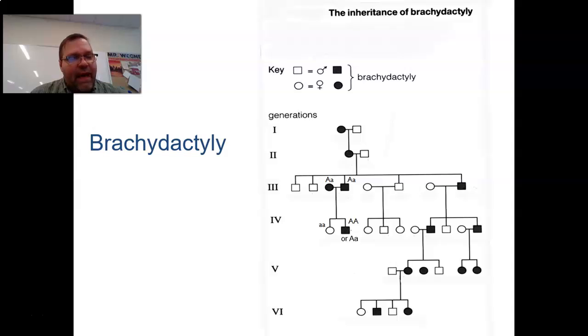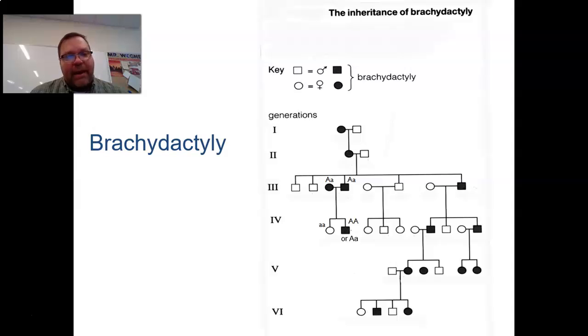So the only way that can happen is if they have a capital and a lowercase, and then the child has lower, lower. Again, if the disease was carried by lower, lower, then mom would be lower, lower, dad would be lower, lower, and both the children would only be lower, lower. But we have one child affected, one child not. Therefore, I know for a fact it has to be this way.